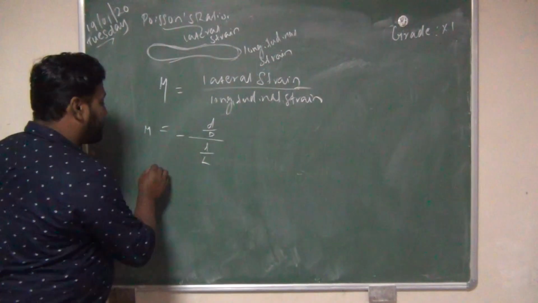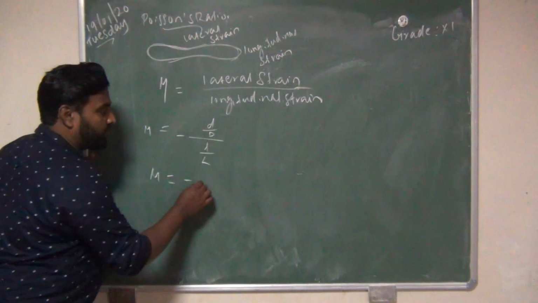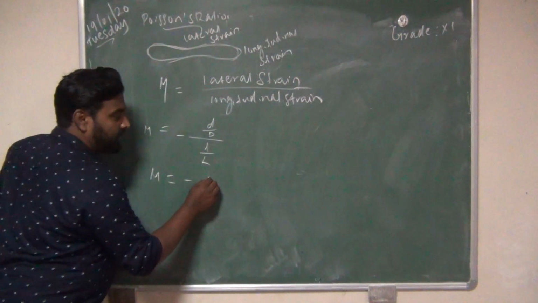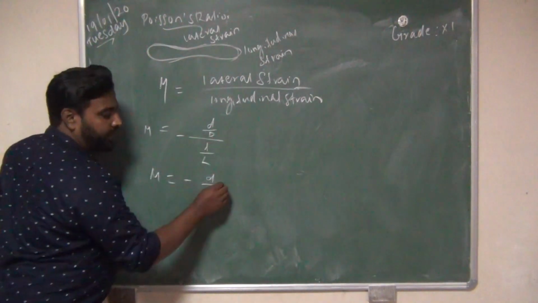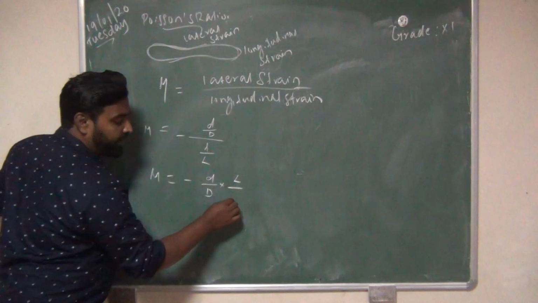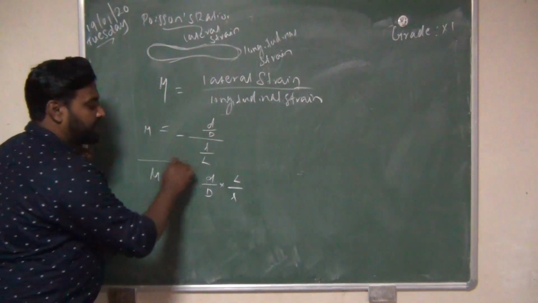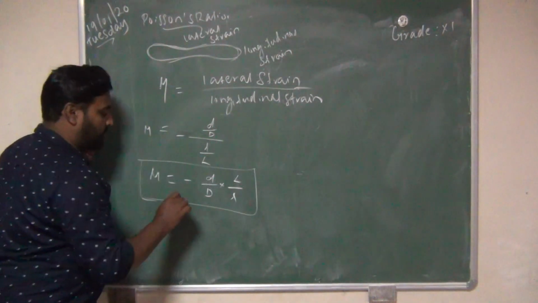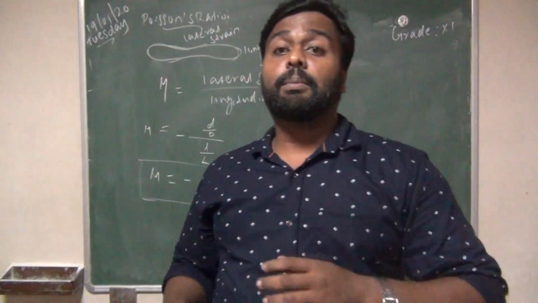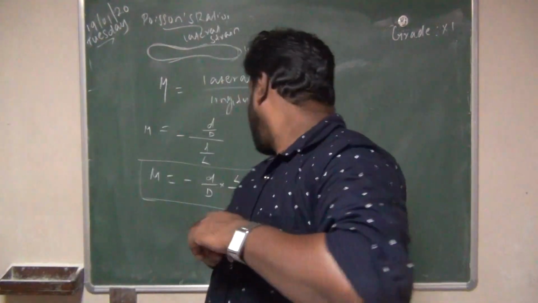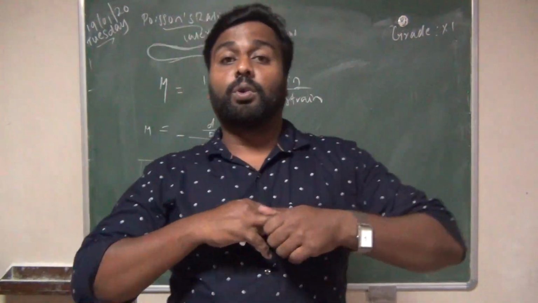So you can write Poisson's ratio, mu is equal to minus d by D, with L taken upside down, so capital L by small l. Mu is equal to minus small d by capital D into capital L by small l.